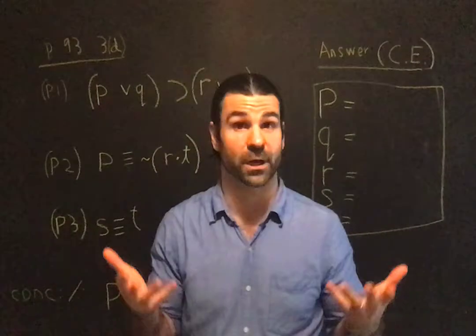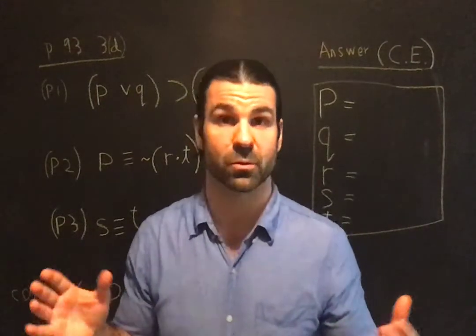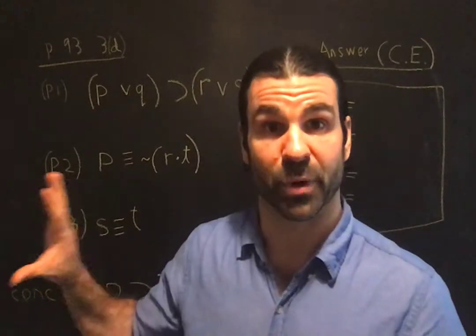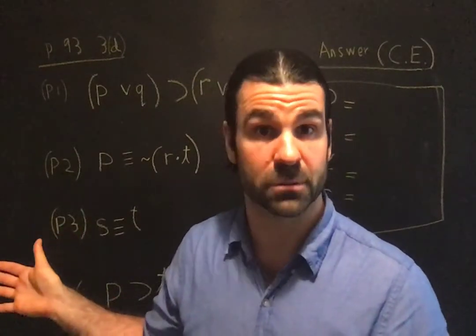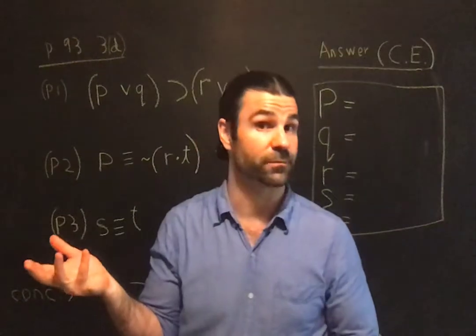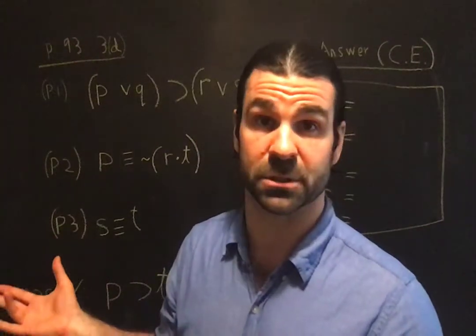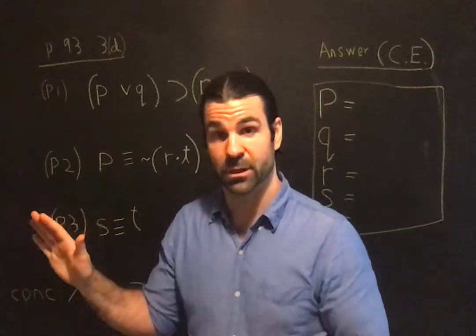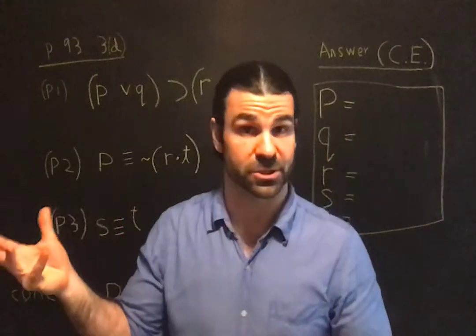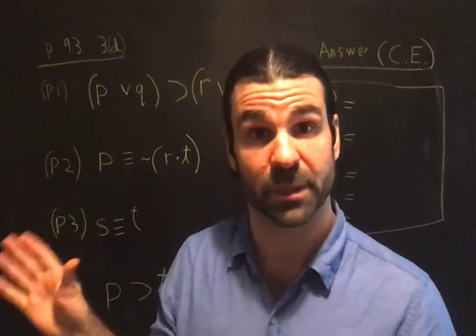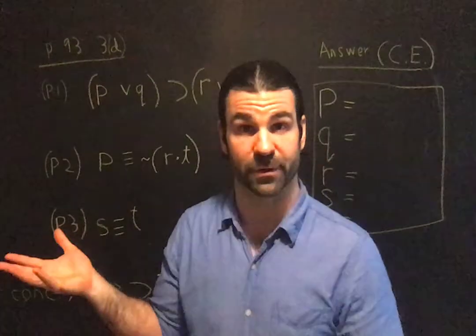Arguments in quantifier logic are just arguments where the premises and the conclusion are themselves quantifier statements, or where the premises and the conclusions are conditionals or disjunctions, but where maybe the subformulas are quantifier statements.